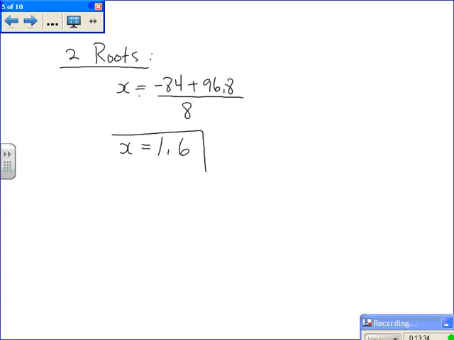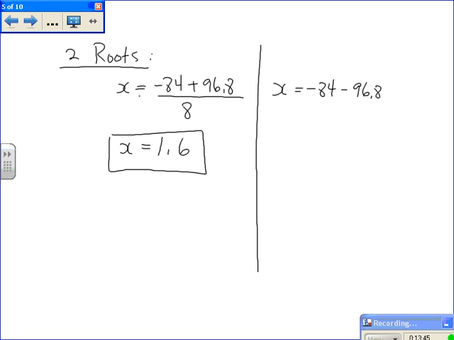There's my root. The other root that I have is when x is equal to negative 84 minus 96.8 divided by 8. And when I do that, negative 84 minus 96.8 gives me a bigger negative number.